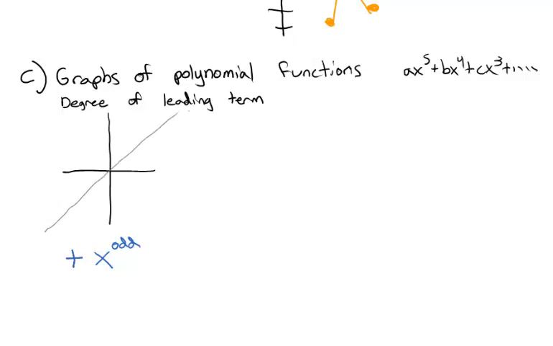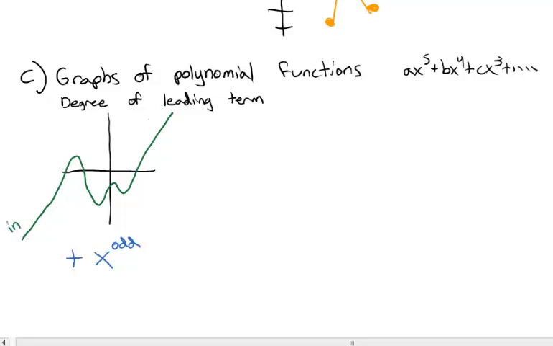Positive slope. However, the actual graph is going to wiggle in the middle. So it'll come in from the bottom, wiggle around, and go out the top. But you notice that pattern as it comes in from the bottom left, out from the top right.